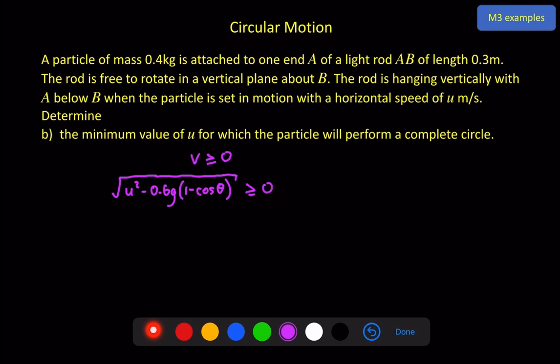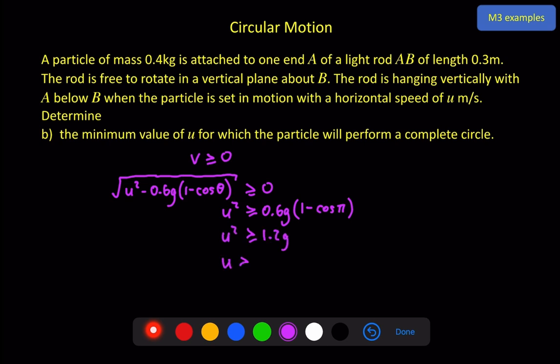I can square both sides without any problem and bring the negative expression onto the right. I can also now put in pi here, or 180 degrees, depending on whether you're working in radians or degrees. That is a negative 1, which gives me a 2 in the brackets. So this becomes a 1.2g.